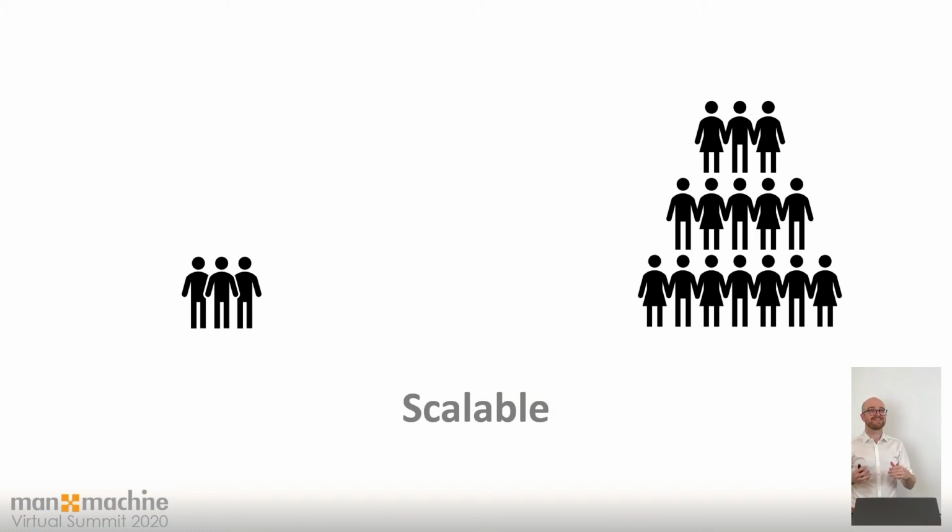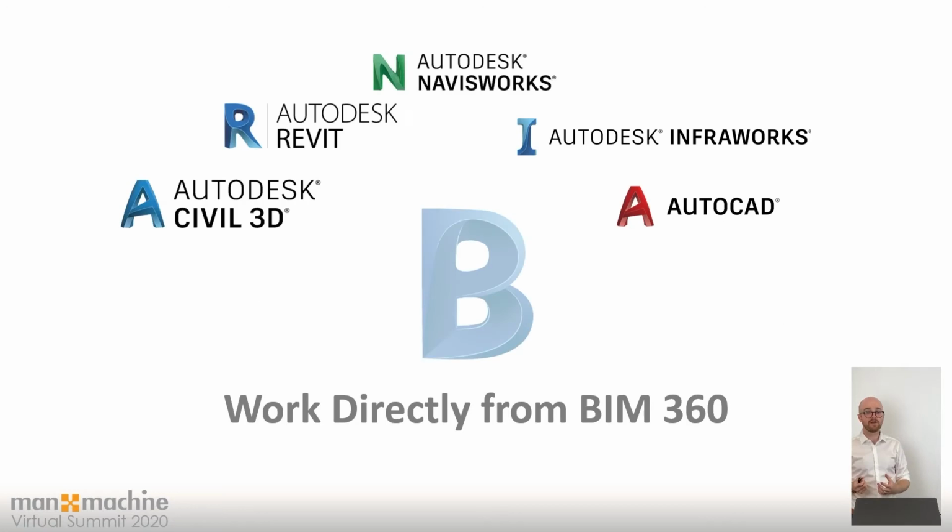The other thing to mention is that it's scalable. Whether it's a very small organization or a very large organization, or a very small organization that intends to grow, BIM 360 is usable across the board. It can be for a very small company or a very large company, or anyone in between. And the other thing to mention is it works very well with a lot of the Autodesk tools.